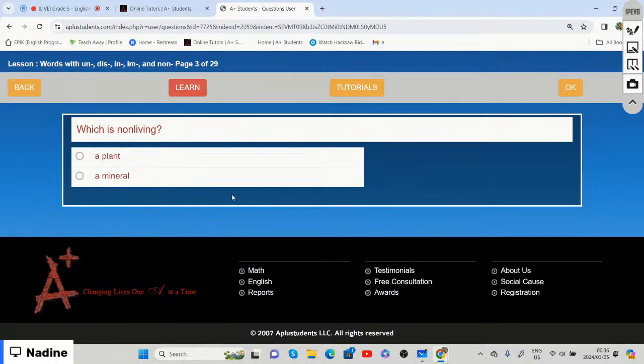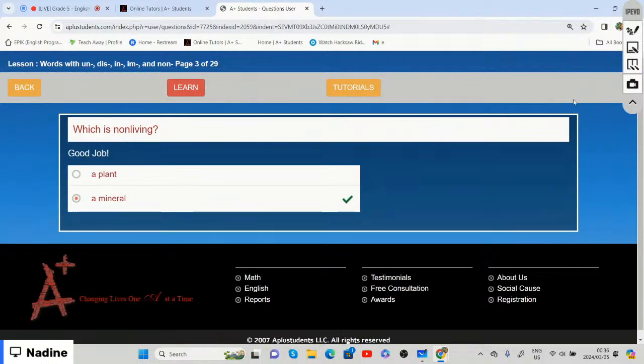Yes. So, a non living thing would be a mineral, right? Because a plant, an animal, or basically humans are living things, right? But anything else is non living. So, a mineral is non living. So, well done.